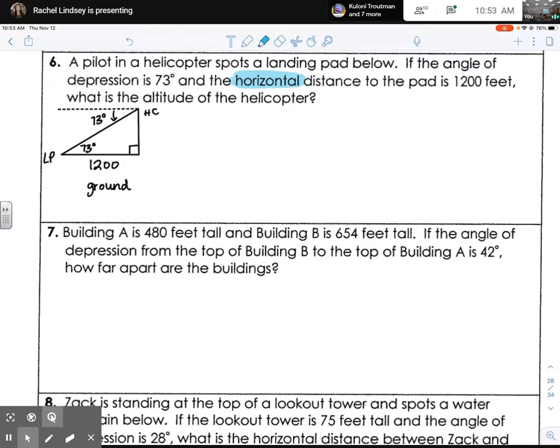And then it wants to know the altitude of the helicopter. Remember, altitude is the same as height. So would I want the hypotenuse or would I want this side over there? Over there. So we're trying to find that. That's our altitude.